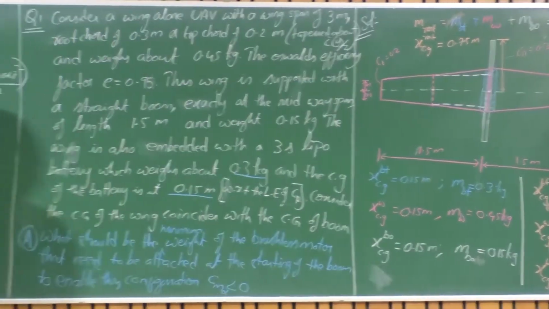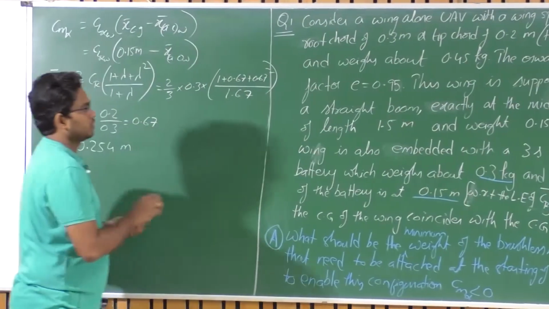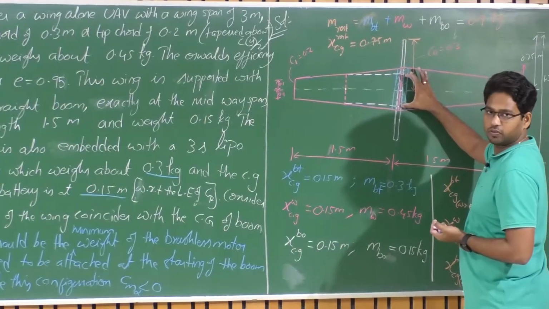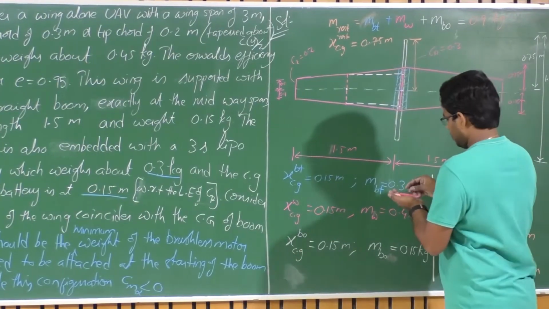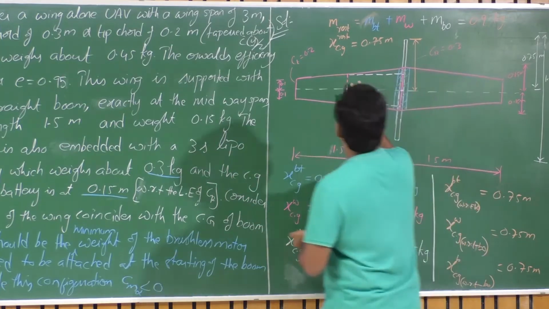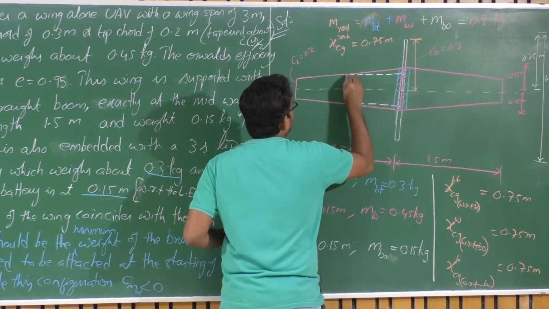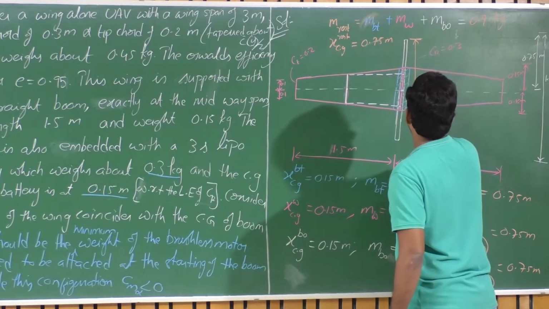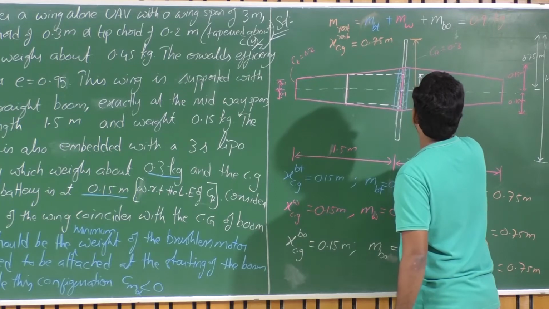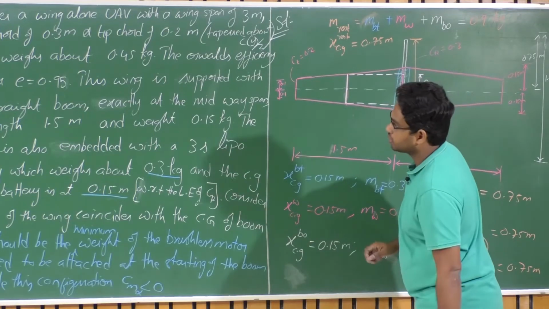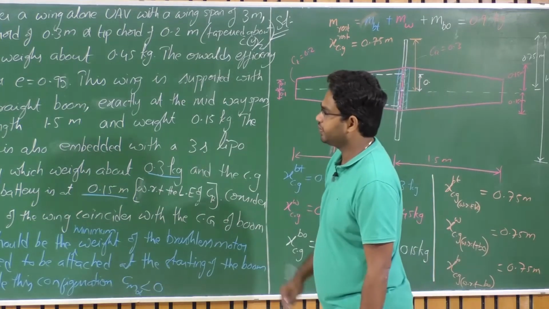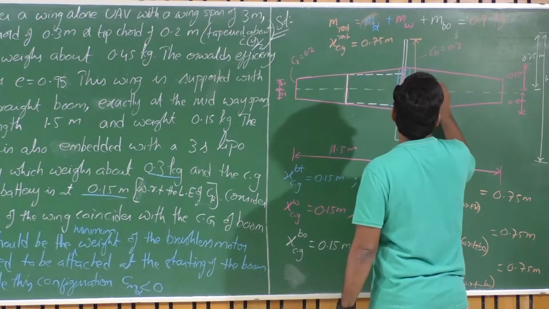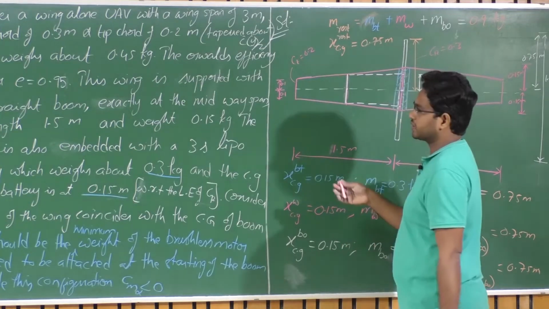So 0.254 is the total C bar. If I project the mean aerodynamic chord onto the root chord, 0.254 is the total, and half of that is 0.127, which is 12.7 centimeters.